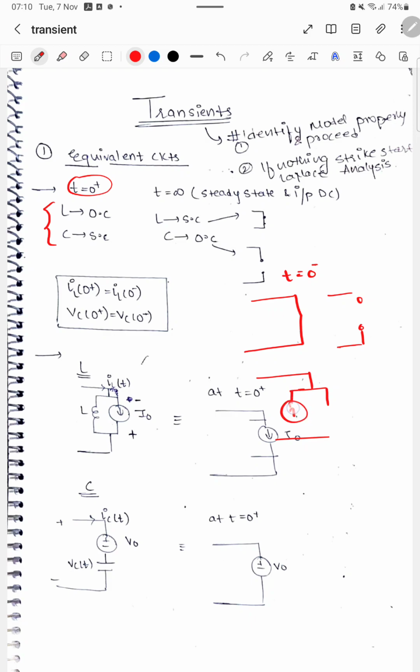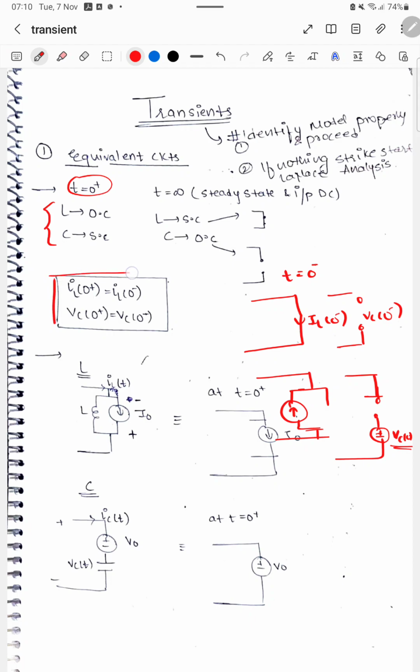Open circuit, but its property of not changing current will not change, right? So what we'll do is replace it by a current source at t equals 0 plus, and the capacitor would be replaced by a voltage source. But what about the voltage at t equals 0 minus? That will be coming as Vc(0).